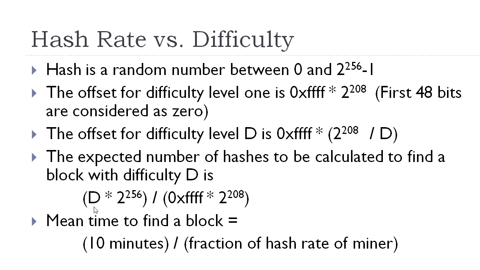It may go to giga hashes per second. Sometimes it may go to tera hashes per second also. That means your processor should be capable of computing that many hashes per second to identify the nonce value that satisfies the given condition.